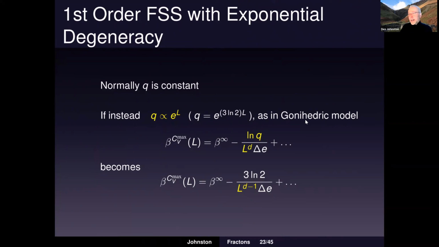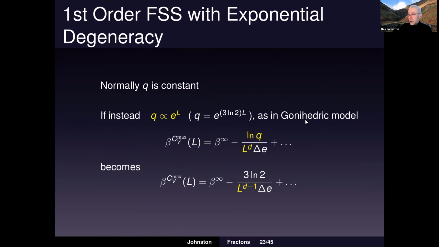Whenever you've got an exponentially degenerate number of ground states, low temperature states, you shift this by 1. And that's exactly what you saw in the simulations. So you didn't have an L cubed, you had an L squared. So that's the unique selling point of this Plaquette Ising model. You've got this strange degeneracy in your low temperature phase, and that's giving you a different sort of scaling here.